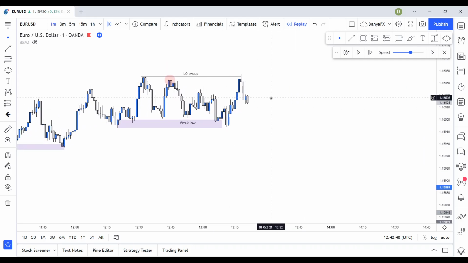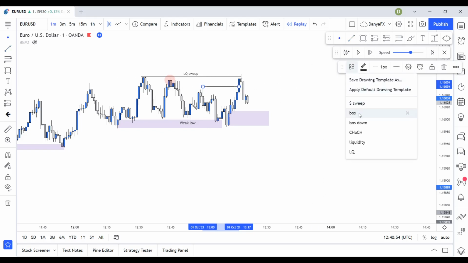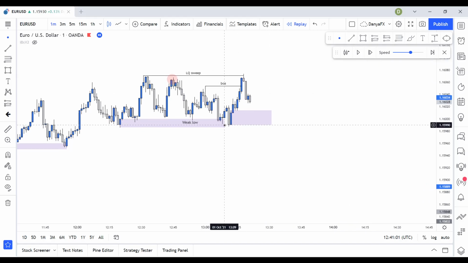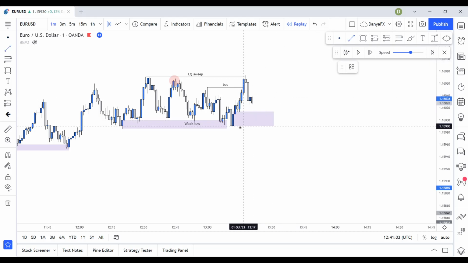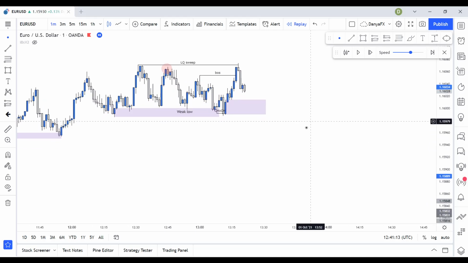And now I anticipate that this demand that created a substructure break here and a change of character here is a new lower low that got wicked.